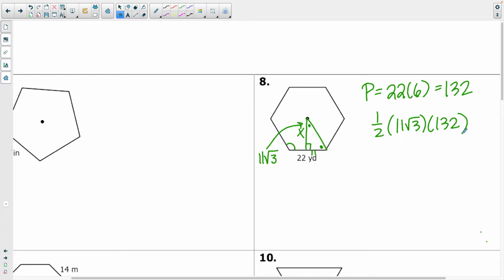Where did you get the 132? 22 times 6. So that should give you 726 square root of 3 yards squared. Did you leave the square root of 3 in your answer? 132 times 1/2 is 66 times 11.